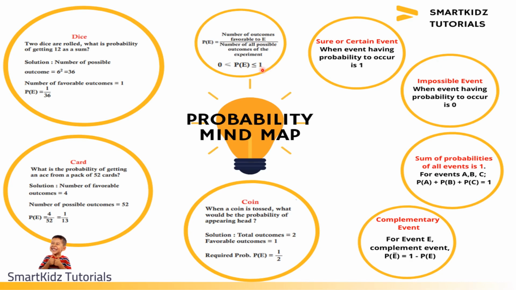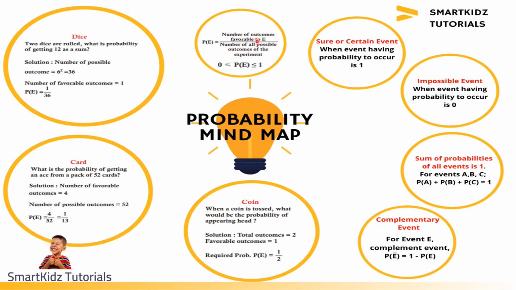Why can't it be greater than 1? Because the number of favorable outcomes, which is the numerator in this case, is always going to be less than the denominator, which measures the total number of possible outcomes. We are looking for the total number of possible outcomes, so it will add up everything possible.